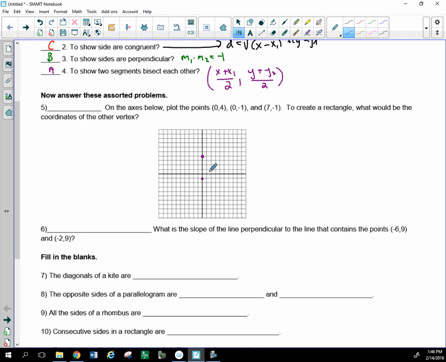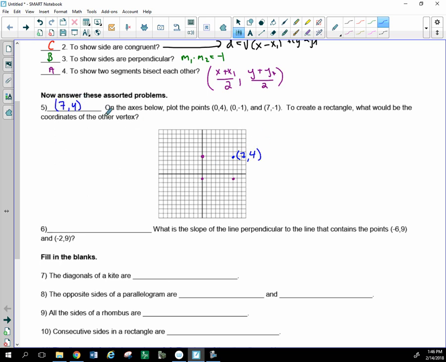And then at 7 and -1, I'd get a point right there. So the point that I would need, logically, would be right there. That looks like it is 7 over and 4 up, and that would be the point we need.